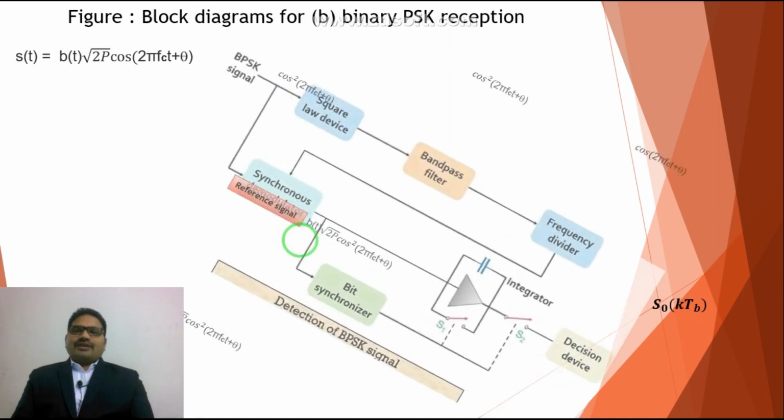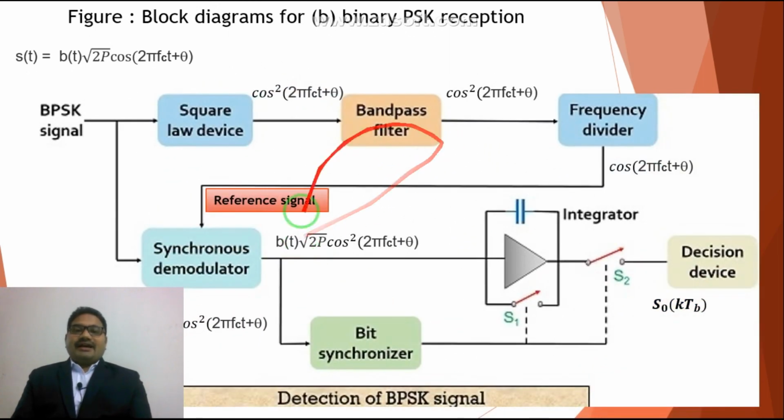Now we are going to see the reception at the receiver, how the receiver looks. When this BPSK signal is transmitted, it is received by the receiver. You can see from the figure that there are different blocks. First is the square law device, then the band pass filter, and the frequency divider circuit. These three sections together are used for recovery of your carrier signal.